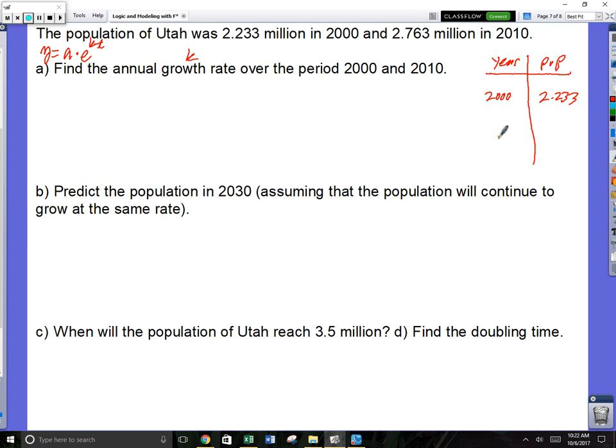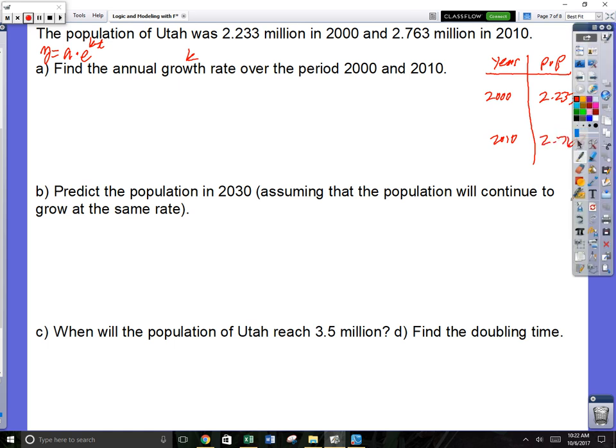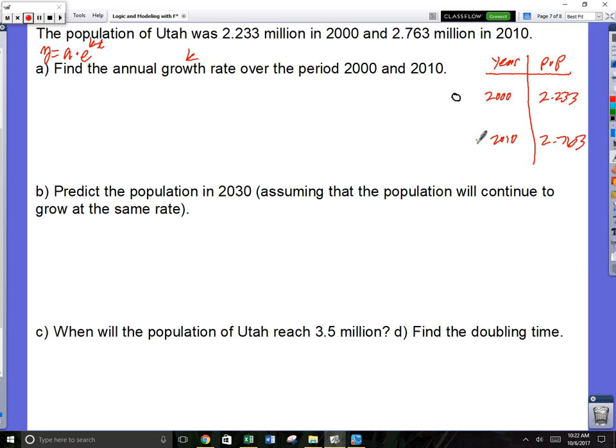Then 10 years down the road, 2010, I had 2.763. Okay, so I'm going to call this guy right here year 0. So this would be year 10 years later. Alright, so here we go.